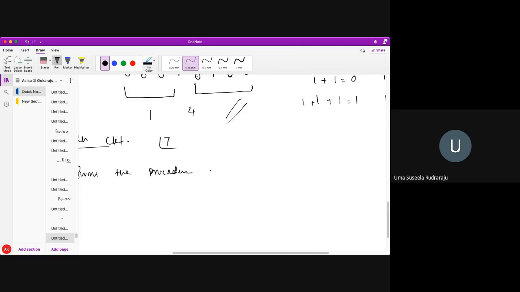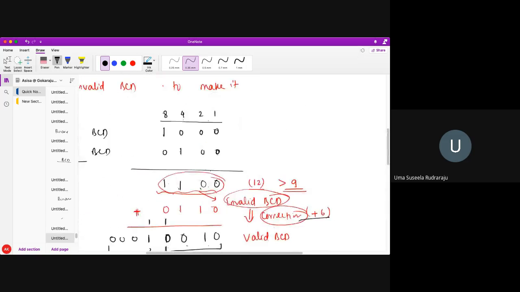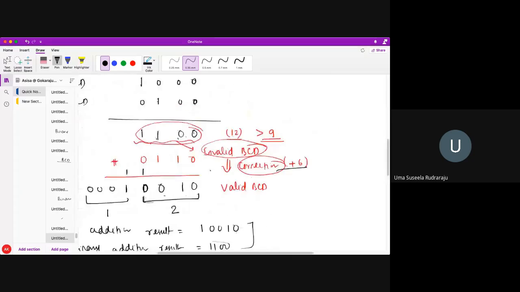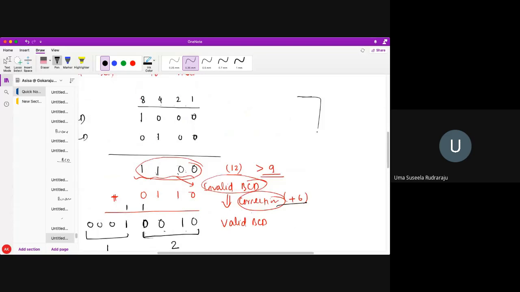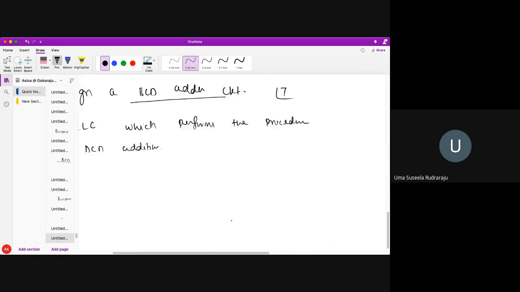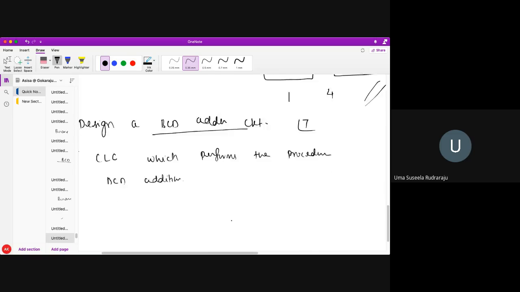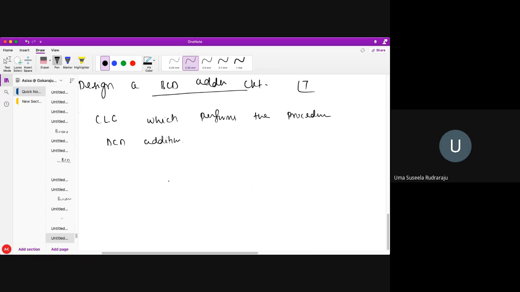So now tell me one important concept. What is the procedure of BCD addition? The procedure is this one. Corresponding bits it will add, and if any carry is generated or the result is greater than 9, it needs some correction to make the invalid BCD a valid BCD. So this is the procedure.